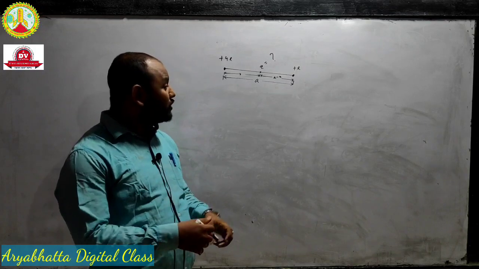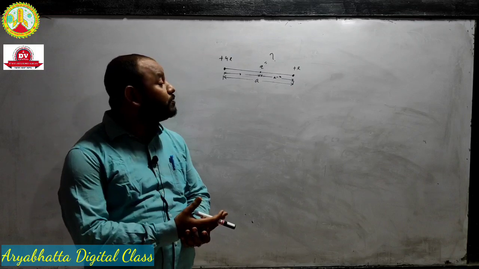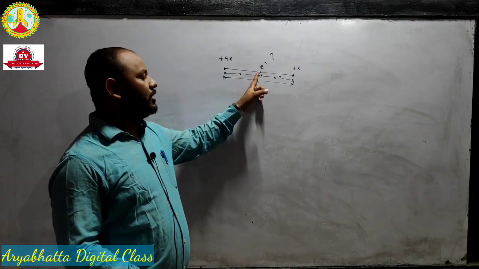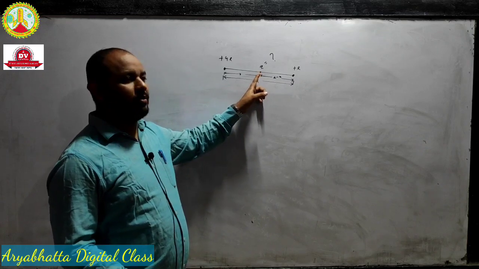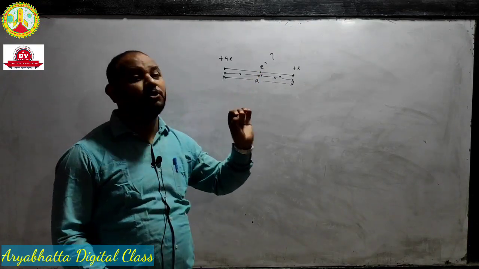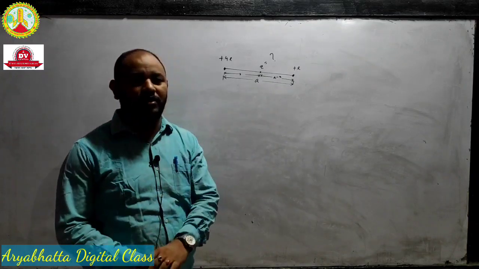In the last question, what we have done is find where a point charge Q should be placed so that it may be in equilibrium. So this is the point where it may be in equilibrium, and this time we need to calculate the magnitude of the charge. What is the amount of charge so that it may be in equilibrium?